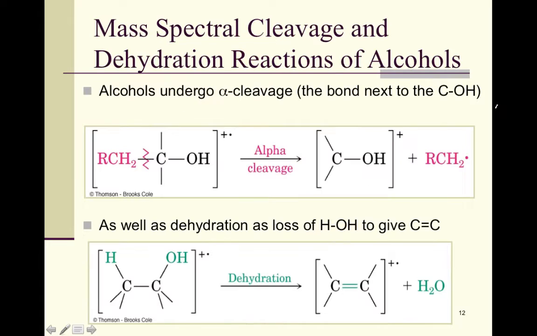removed. Another important piece of information we can get from a mass spec is when an alcohol undergoes an alpha cleavage. Alpha cleavage would be the bond one away from the carbon that has the alcohol piece. So this right here is considered the alpha carbon, one away from the carbon that's attached to the alcohol.